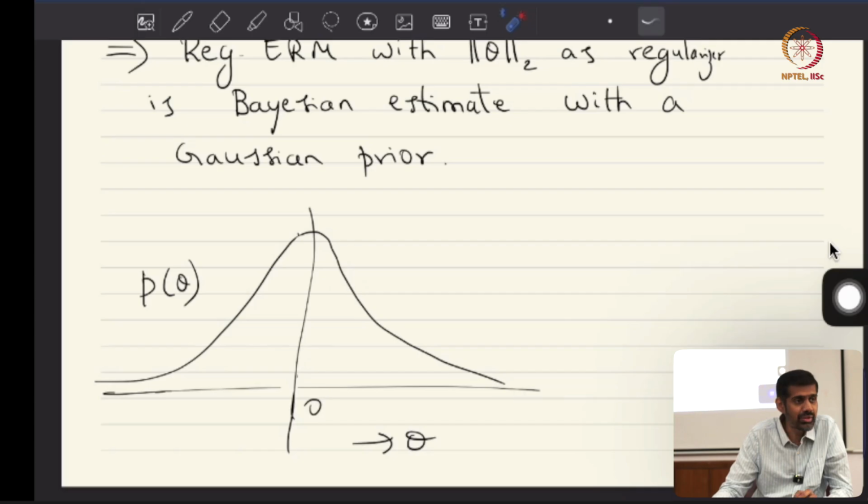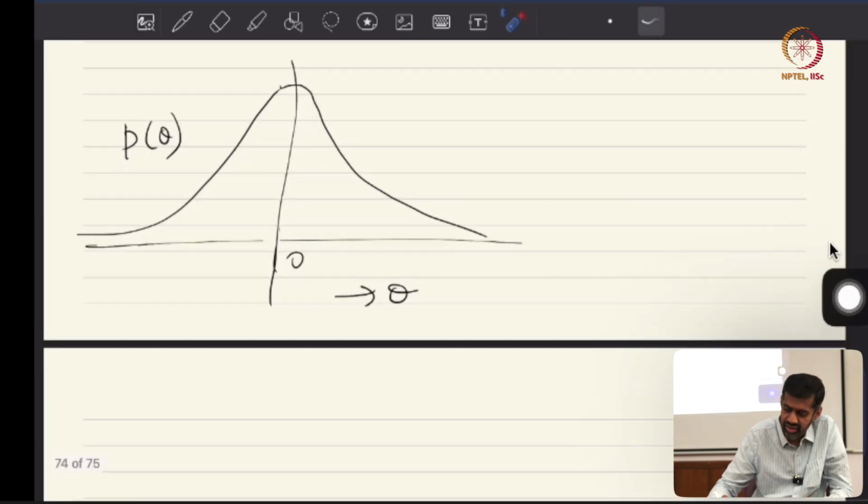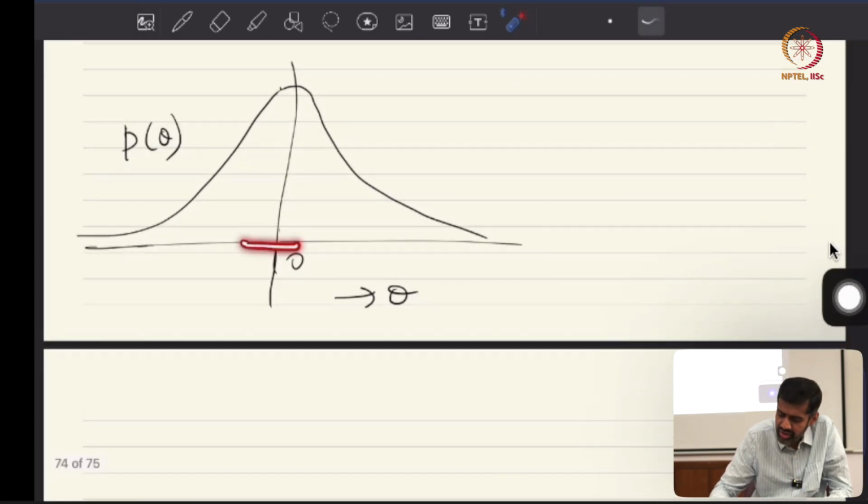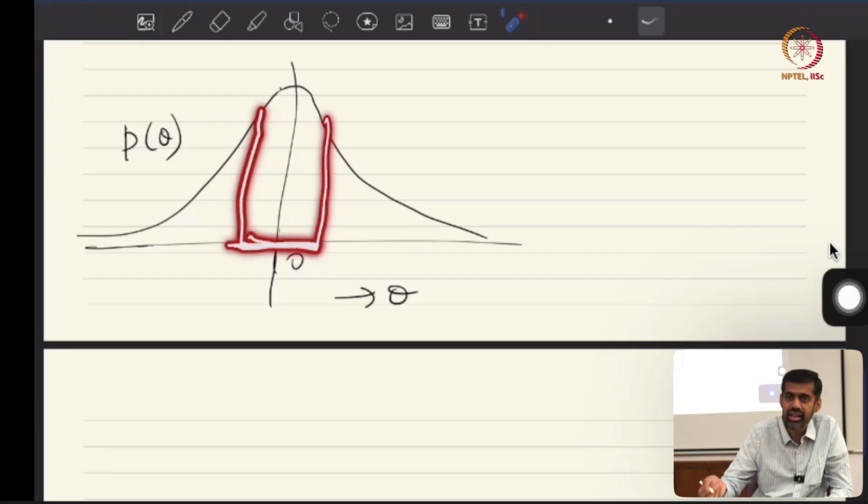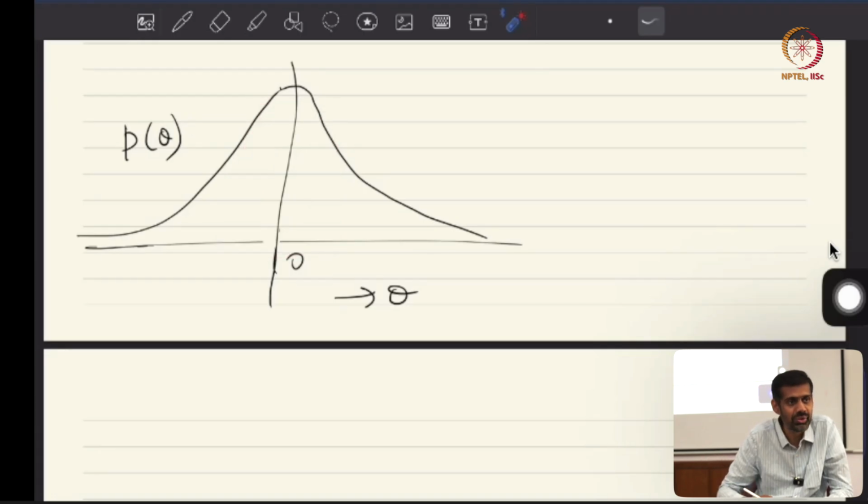Suppose we want to change the prior in such a way that given a particular subset in the support of the parameter space, the probability of observing those parameters has to be higher than that of a Gaussian. What should I do? Do you see what I am saying? Suppose I take a small subset in the support, let us say from minus 0.5 to 0.5, I get some mass here, correct?